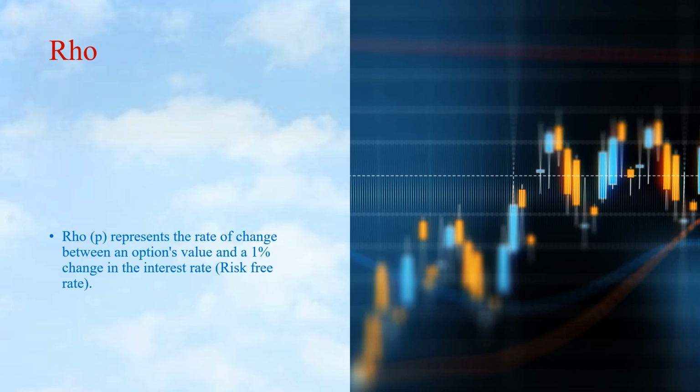If the risk-free rate is less, you will get very good. Of course, whatever we are gaining from the derivatives should be greater than the risk-free return. That is what we are expecting. So this rho represents the rate of change compared with the risk-free rate.